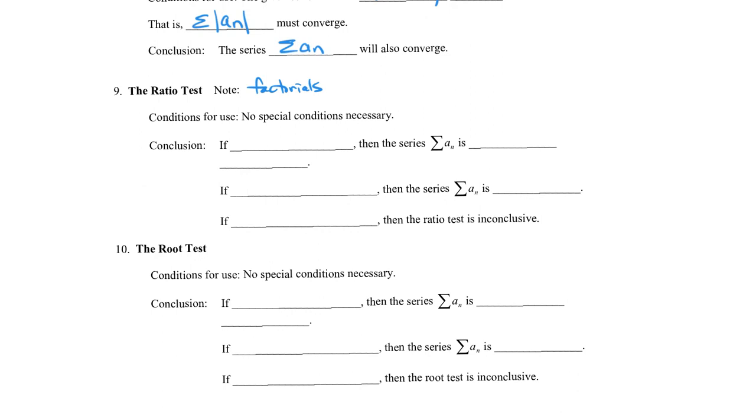Okay, and the conclusions for the ratio test and the root test are very similar, and they look like this. If the limit as n approaches infinity of the absolute value of a sub n plus 1 divided by a sub n is less than 1, then the series is absolutely convergent.